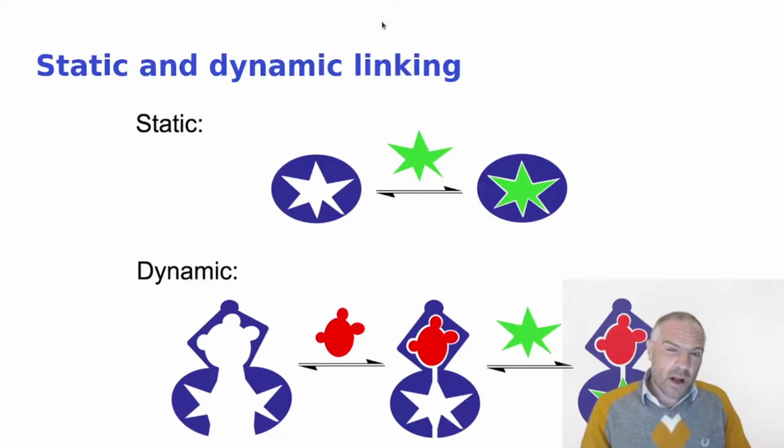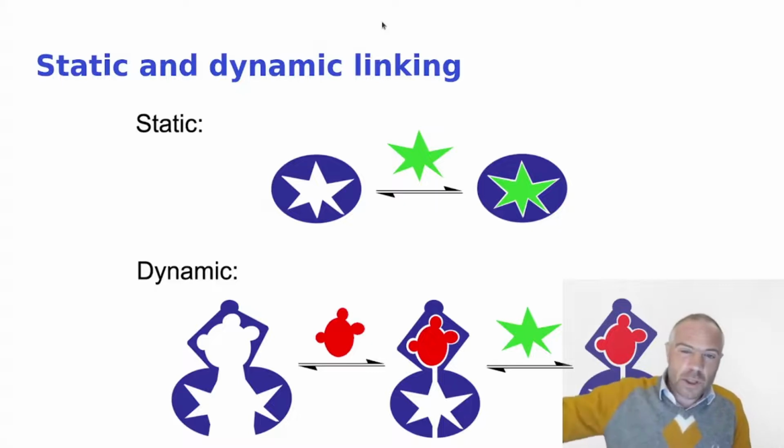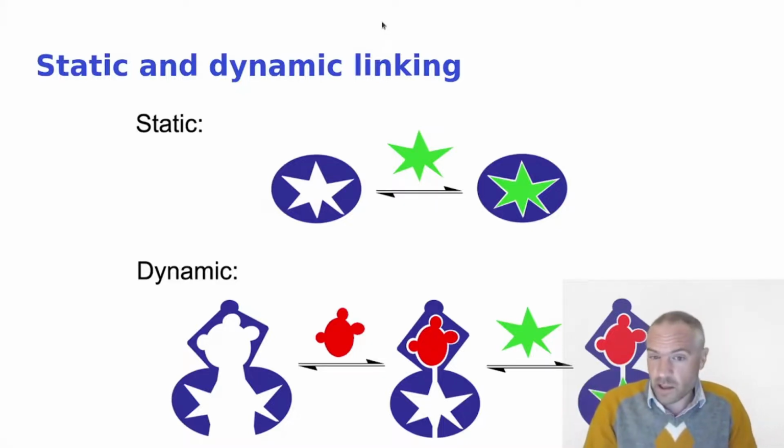Terminus also has a concept of static and dynamic linking. This allows us to connect nodes inside of a single graph, but also to refer to elements that may not be in our graph at all.